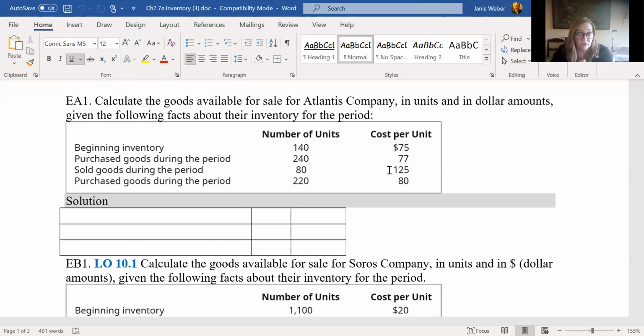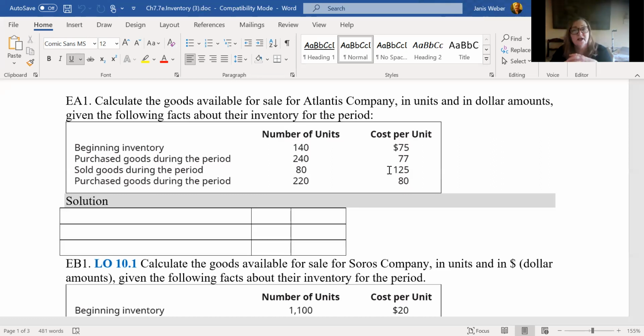I cannot sell more than this because this is the limit of my inventory. So the reason that's important to know is that if you know how much you sold and you know how much you have left, you can just add those two numbers together, and that would tell you how much had been available to sell.